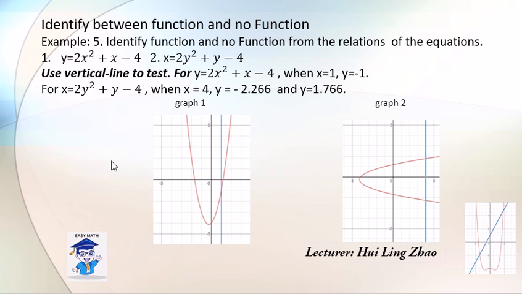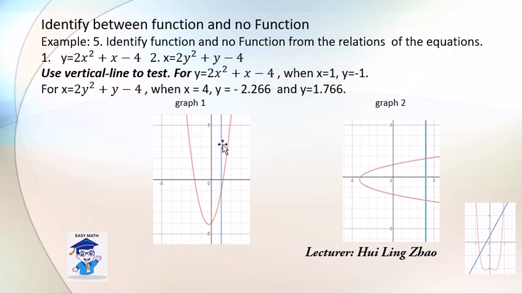Next, example 5. For the equations, number 1 is y equals 2 times x squared plus x minus 4, and number 2 is x equals y squared plus y minus 4. So we can see the first graph is a parabola opening up.